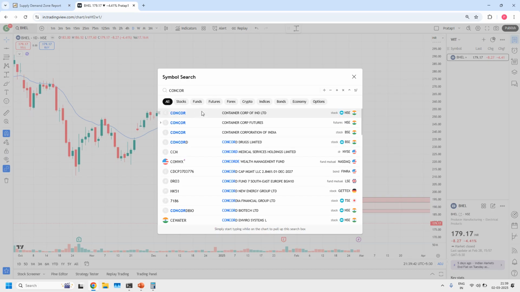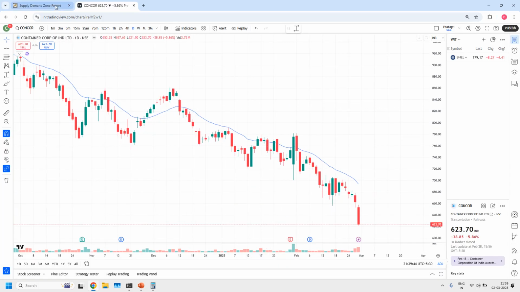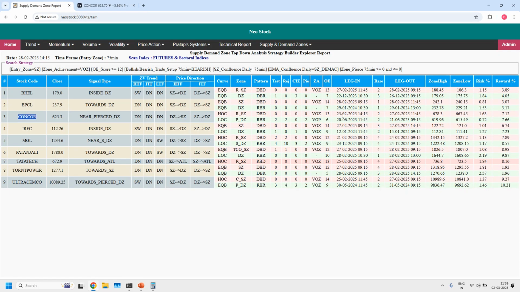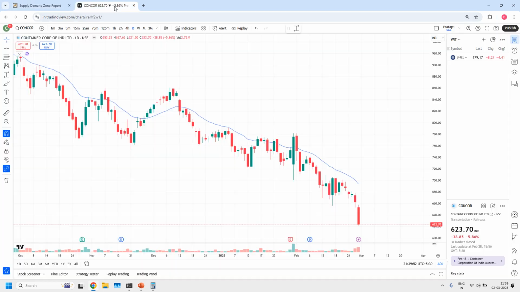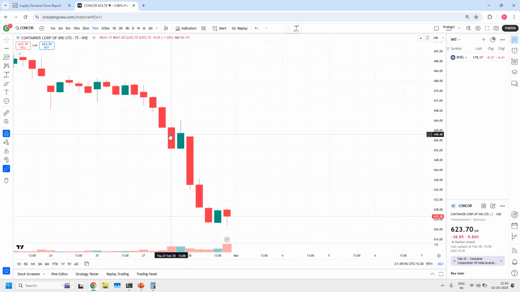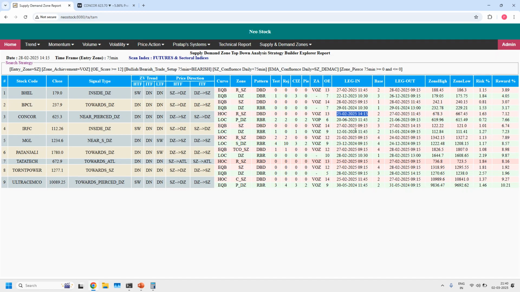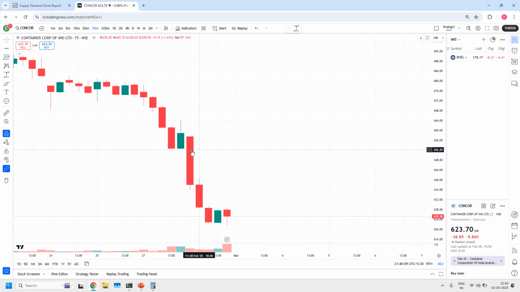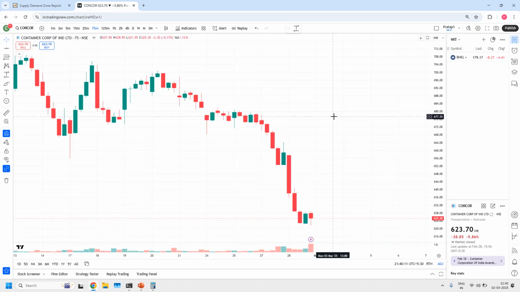Okay, Concor. So when is this zone created? Concor on 25th at 14:15, two base candles, 25th February, 14:15 on the 75 minute time frame. No, 27.